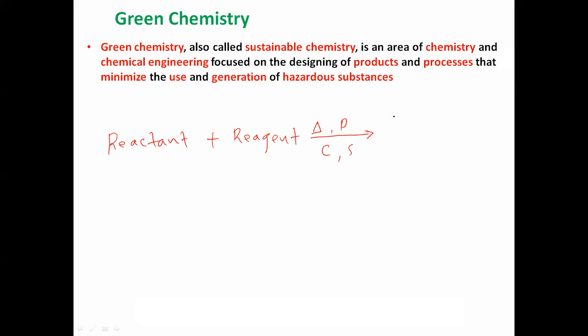Okay. And what we have is product, or I could say major product or desirable product, target product. But unfortunately, we also have another entity called a byproduct.